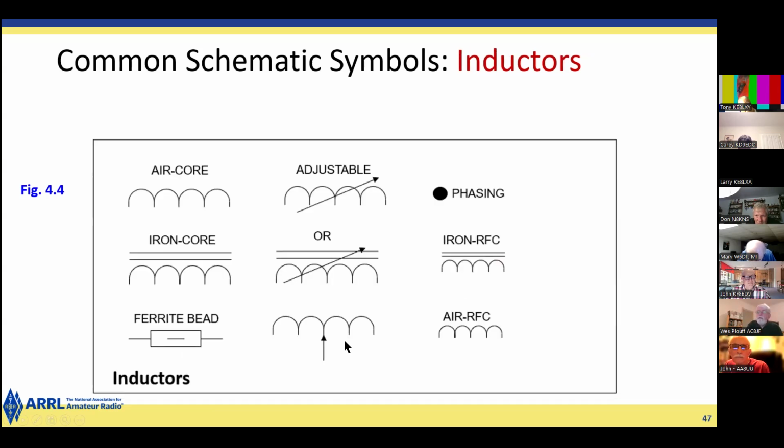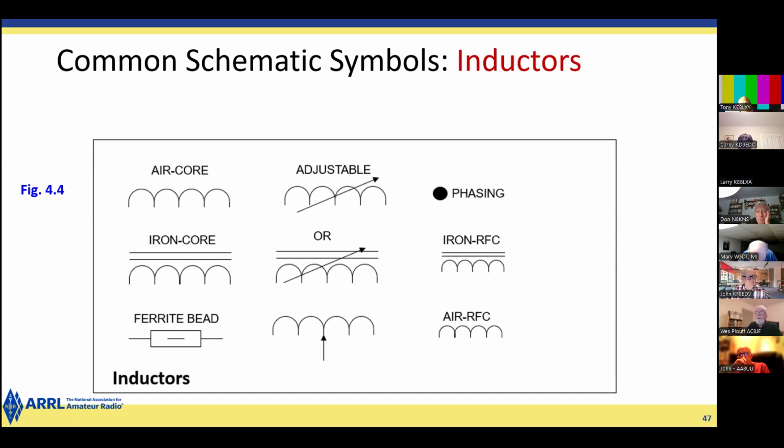An inductor is a coil. When you pass a current through a coil, you get a magnetic field. These different symbols show different kinds of inductors.